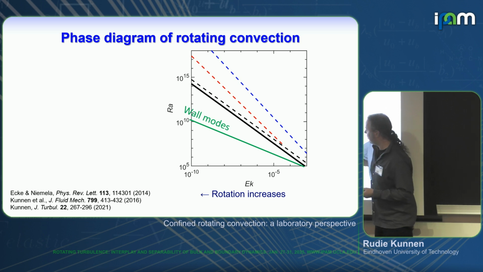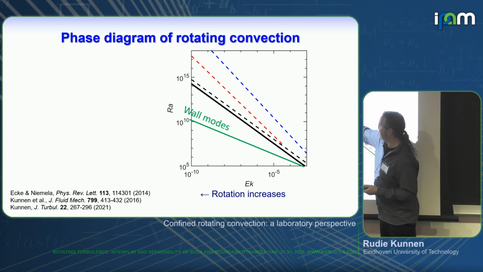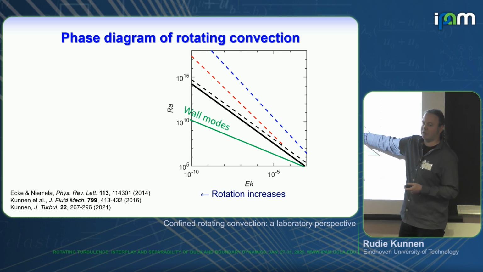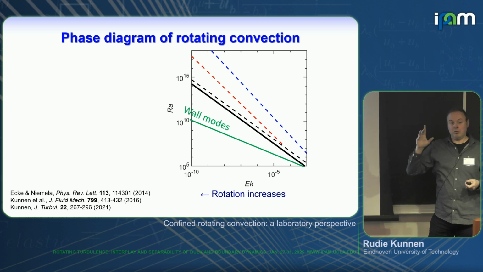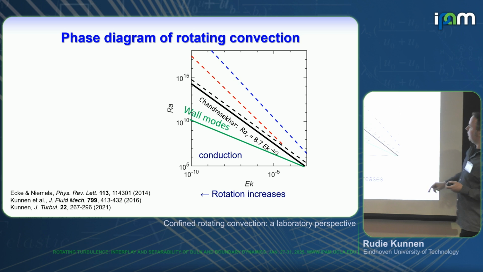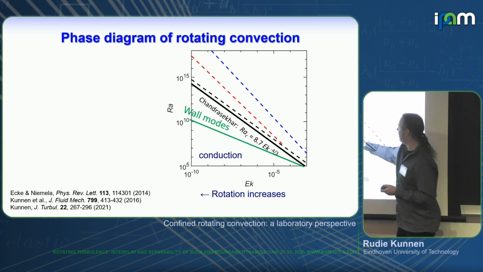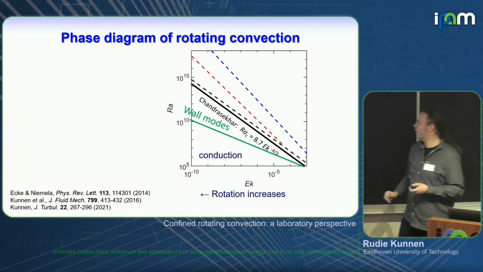So if we move at a certain Ekman number upwards, we would first encounter onset of wall mode convection. But as we saw before, it doesn't really contribute that much to the convective heat transfer. And then pretty soon, we will reach the Chandrasekhar limit, and then bulk convection will set in.